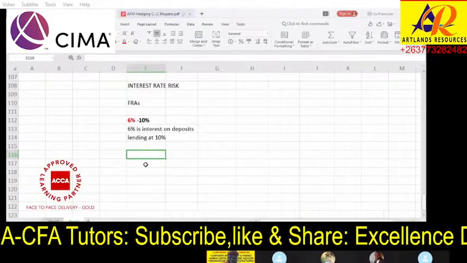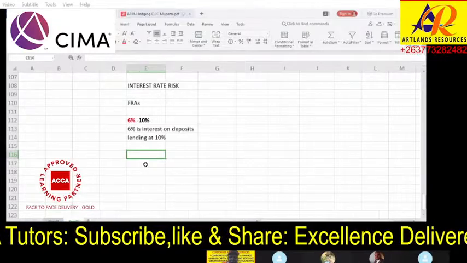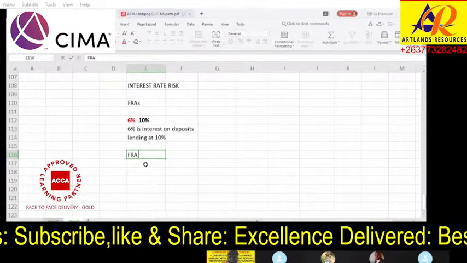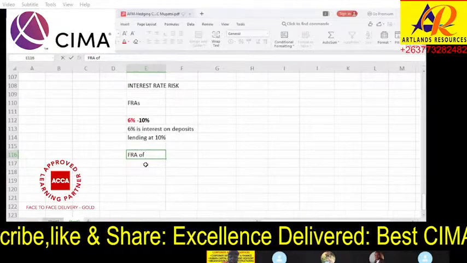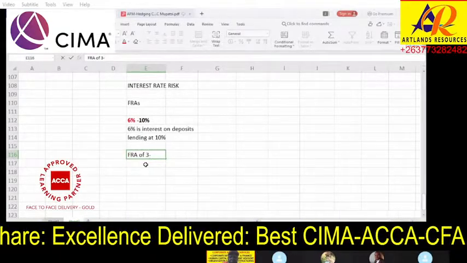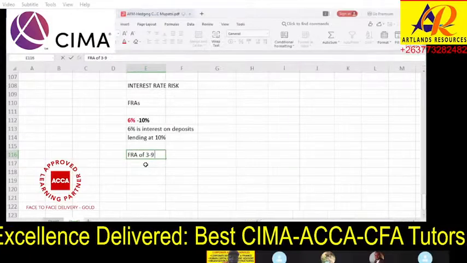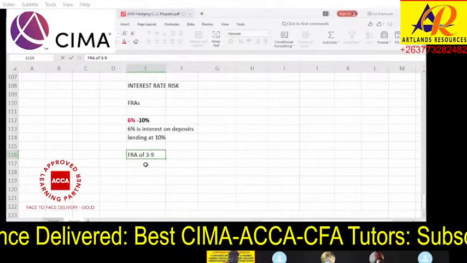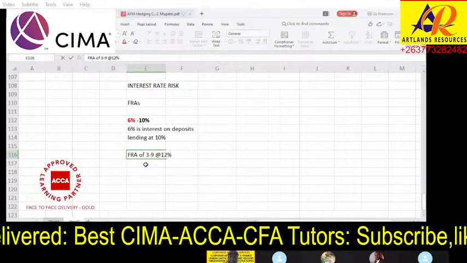So a FRA can be quoted like this. We can have a FRA which says 3 to 9, some put 3v9, at 12%.